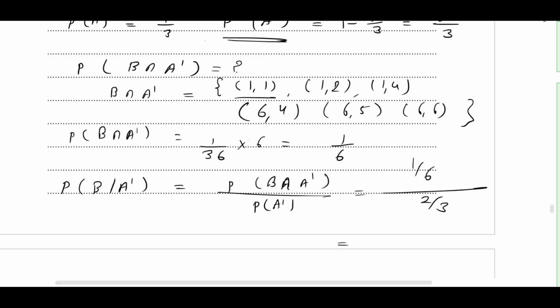So this finally becomes 1 divided by 6 multiplied by 3 divided by 2. 3 1s are 3, 3 2s are 6. So it will become 1 divided by 4. So the probability of B by A complement is 1 divided by 4.